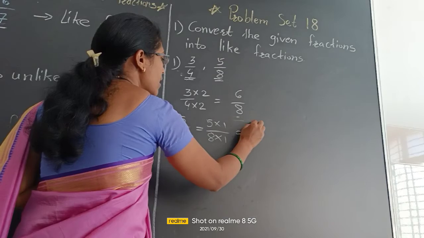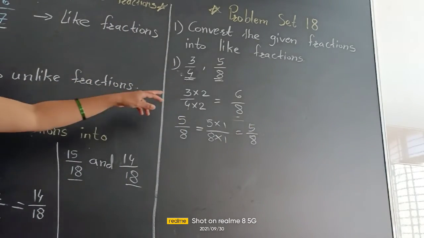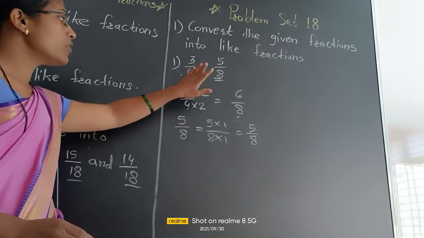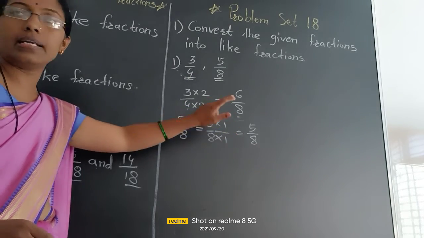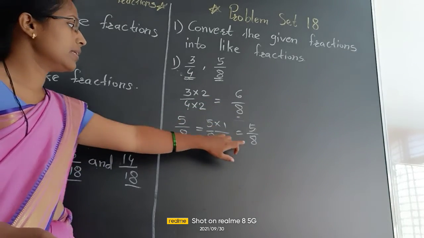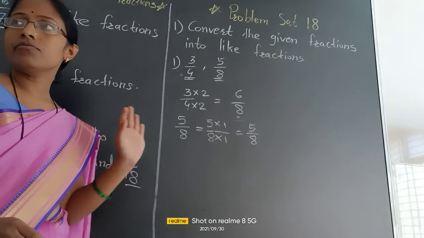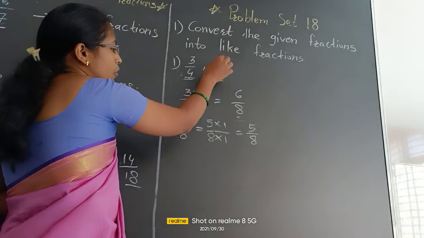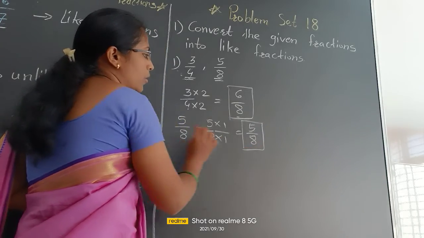We will get 5 upon 8. The value of 3 upon 4 and 6 upon 8 is the same. We just change the number to make the denominator 8. Clear? Now 5 upon 8, here it is already 8, so we multiply by only 1. So we will get the new fractions for these two, that are 6 upon 8 and 5 upon 8.